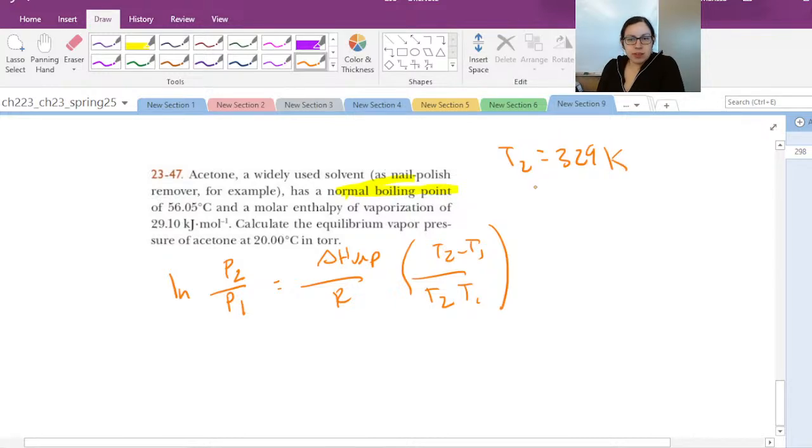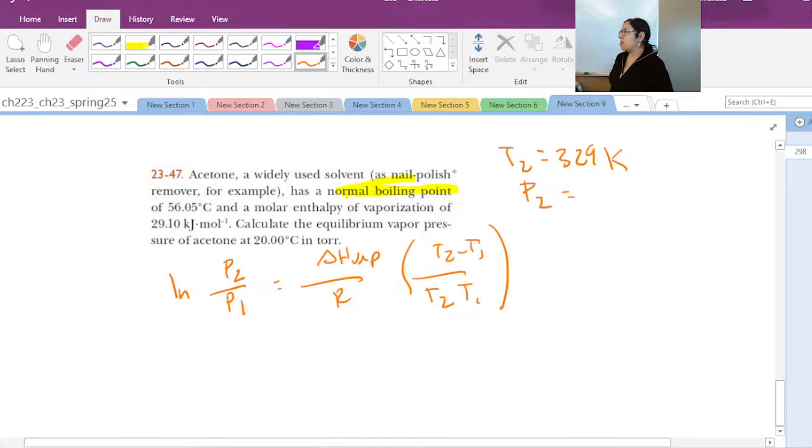And then, if this is T2, then my P2, you had to remember what the definition of normal boiling point was. So what pressure are we at? What's our normal ATM pressure? Is it one?